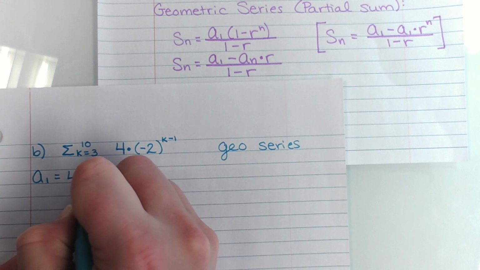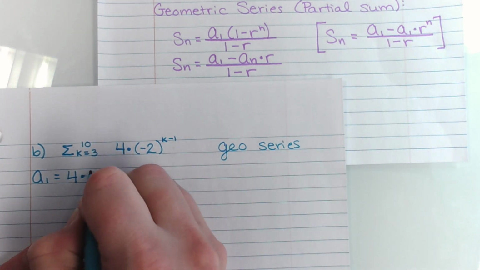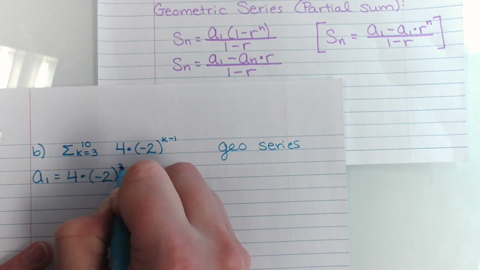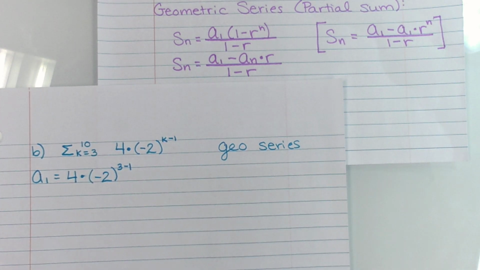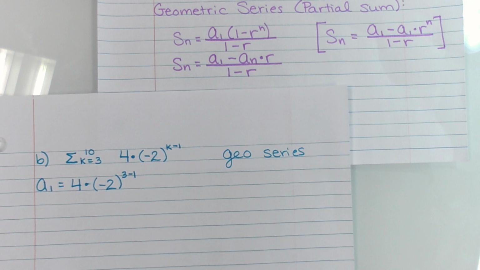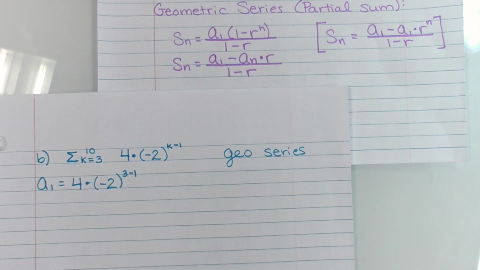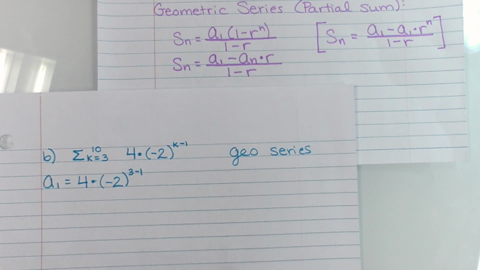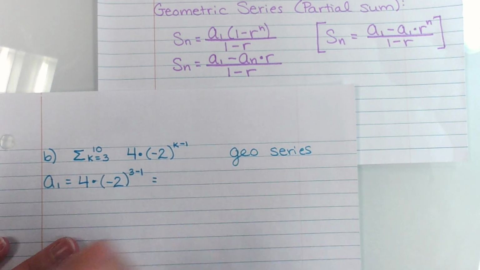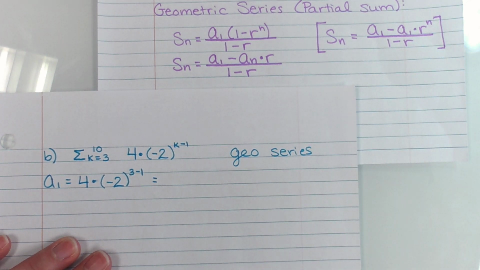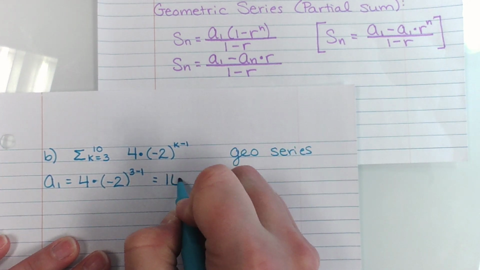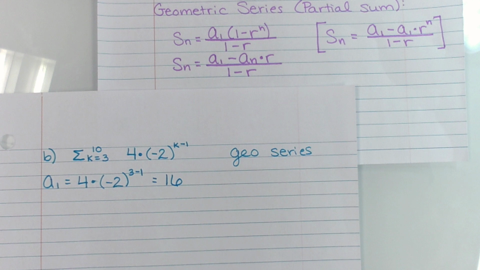You plug that number into the expression. Four times negative 2 to the power of 2. Okay, negative 2 to the power of 2 is 4. 4 times 4 is 16.